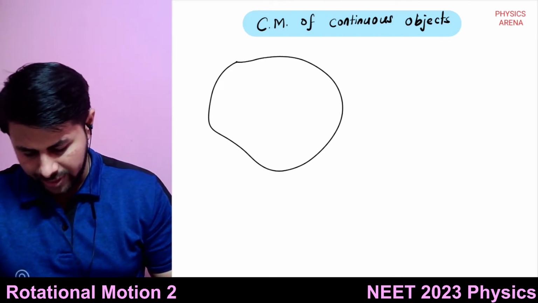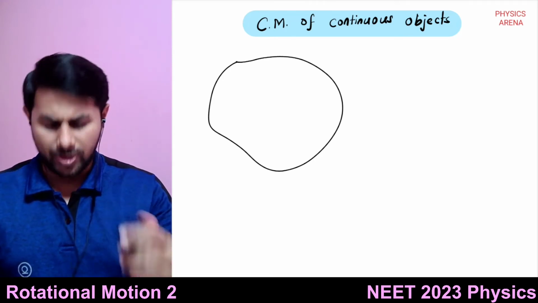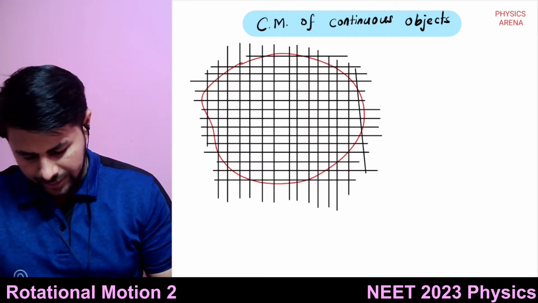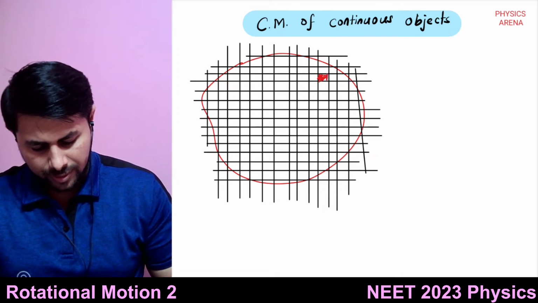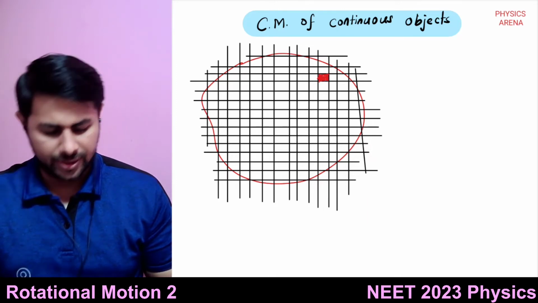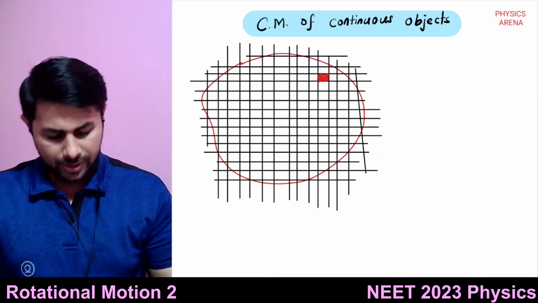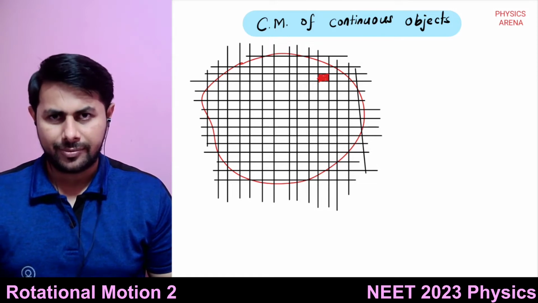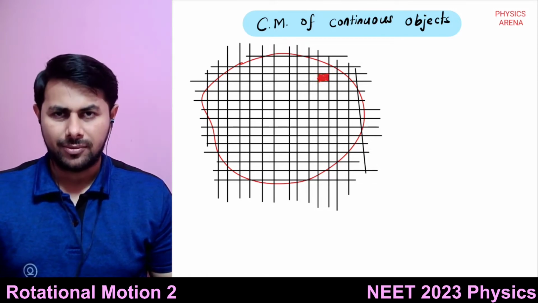What we can do is break this object into several very small pieces. Let's suppose you consider this much, one small piece. So the mass of this piece is, suppose, dm.